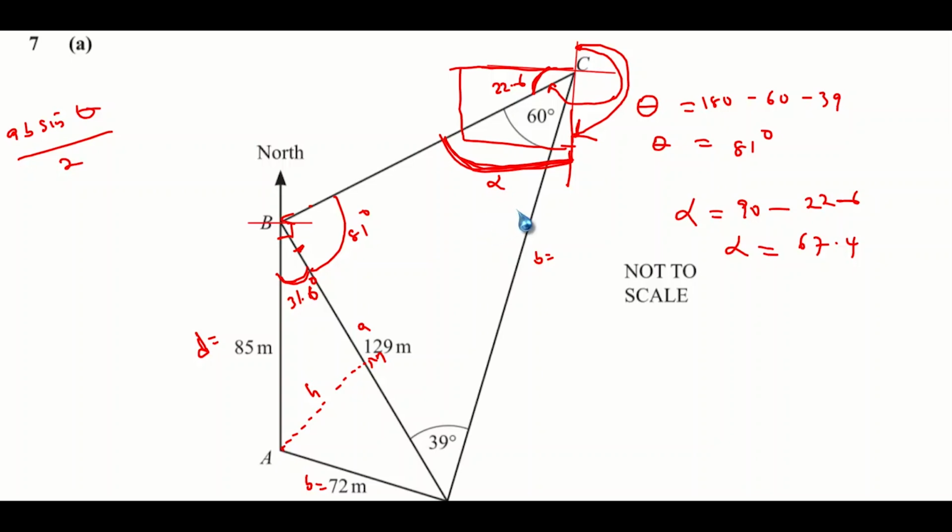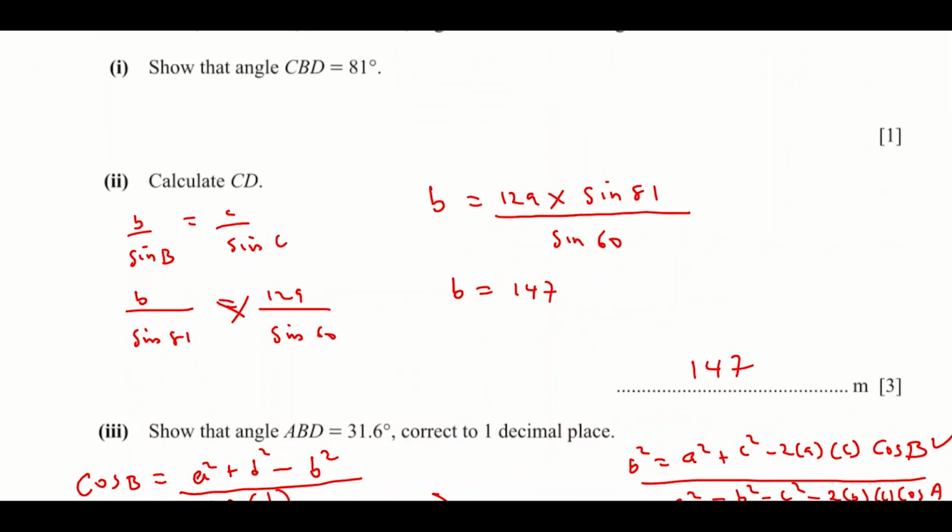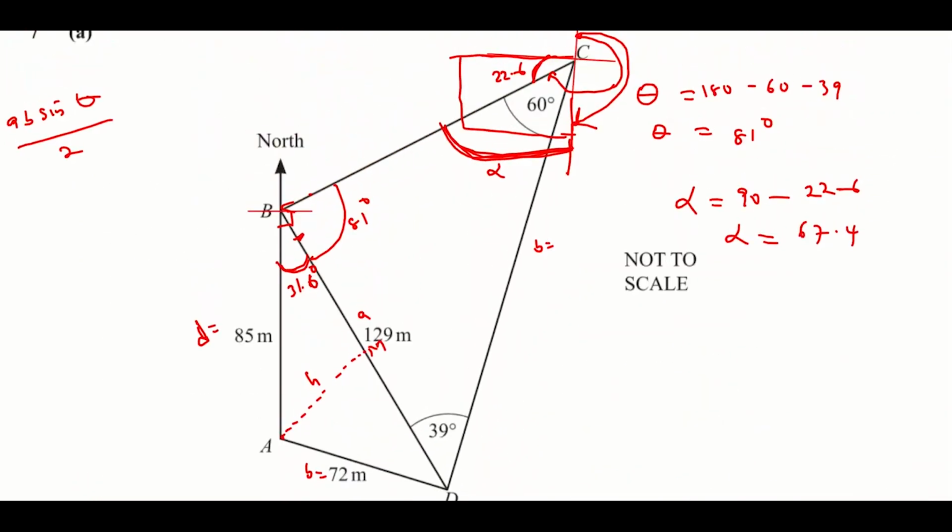We can use side 129, and another side we can use is this, side B. We found side B, CD, to be 147.